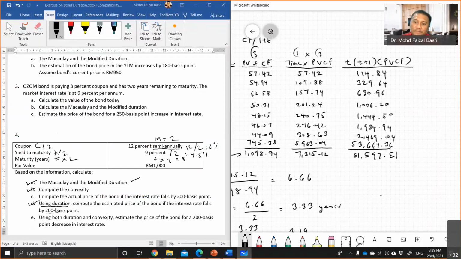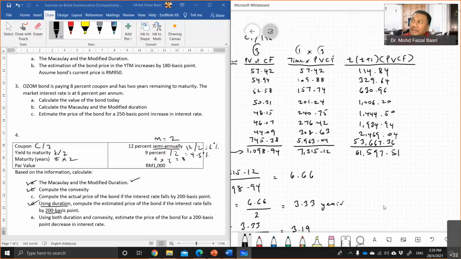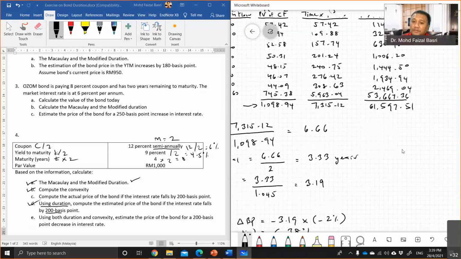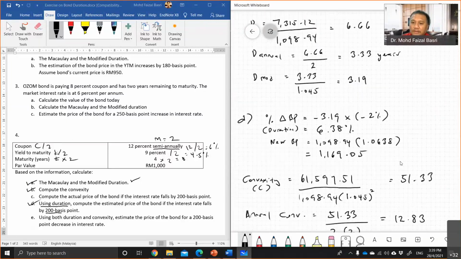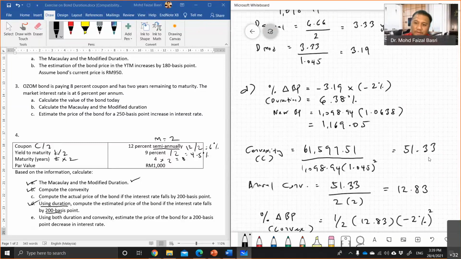Find the total, and then divide it by the PVCF with the multiplication of 1 plus K divided by M to the power of 2. That's how we got 51.33. To get it in annual terms, we divide by 2 times M, or in this case 2 times 2. So here we have 12.83 for annual convexity. So that's for B.